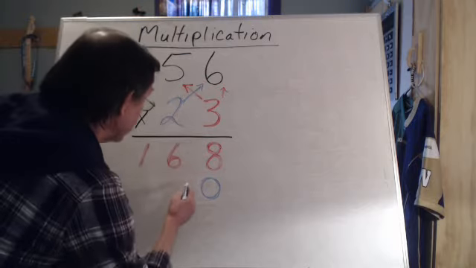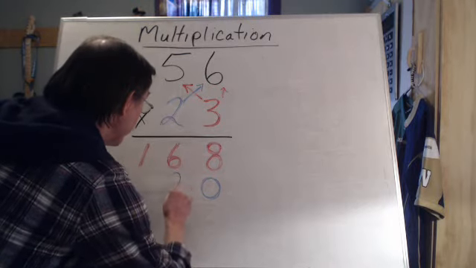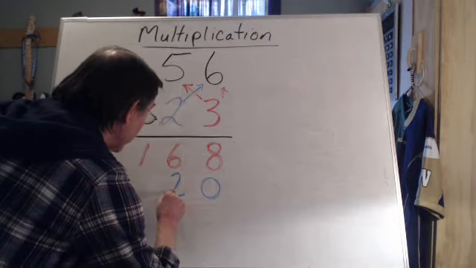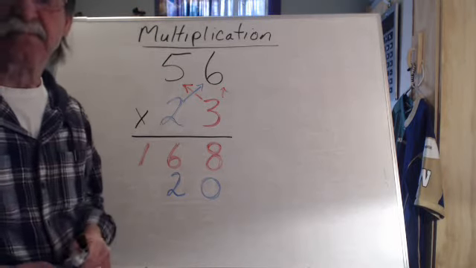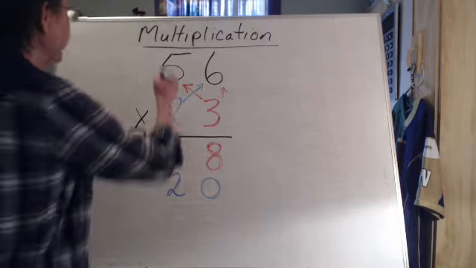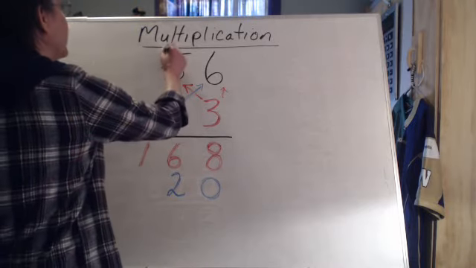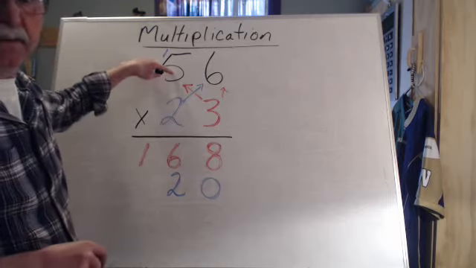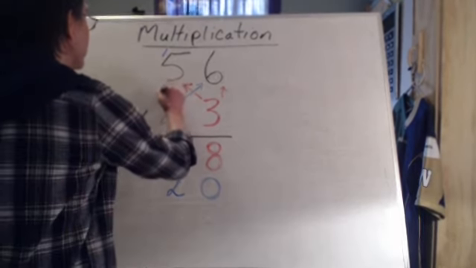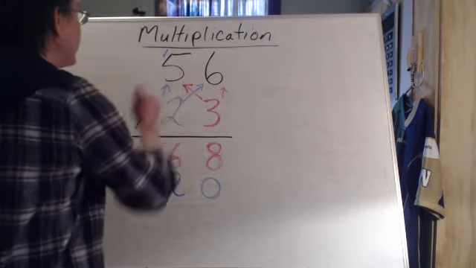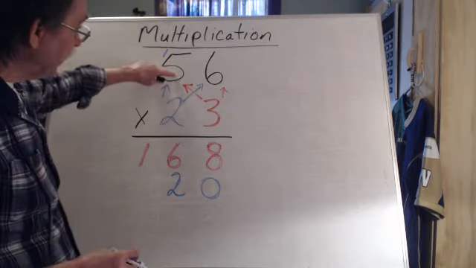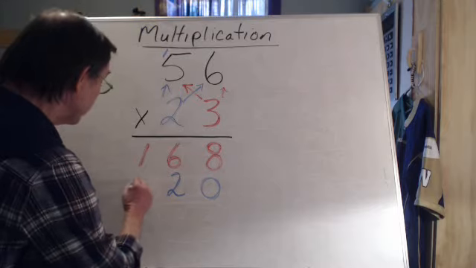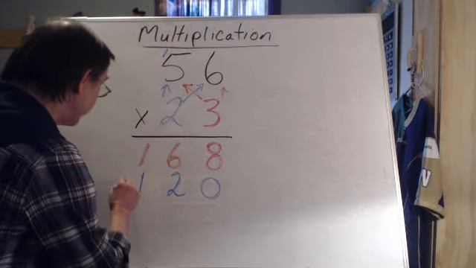Two times 6, as I said, was 12. And carry the 1. 2 times 5 is 10. I'm just going to make an arrow there. So 2 times 5 is 10, plus the 1 is 11.